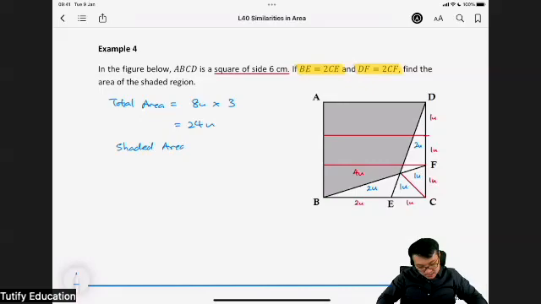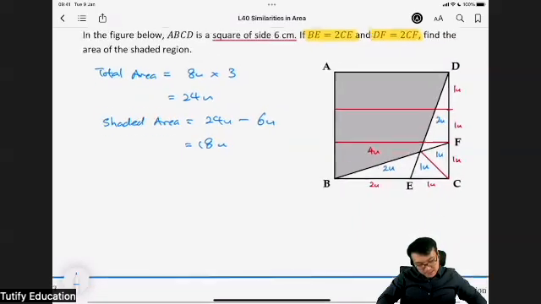How many units are there in the shaded area altogether? 24 minus 6. Very good, minus away the unshaded part. That means now you know that the shaded area is 18 units, right? Well done, Ben.